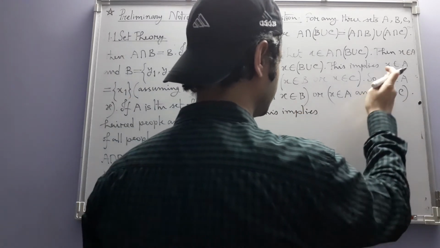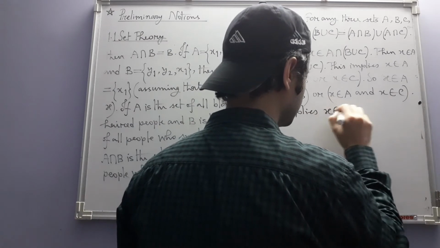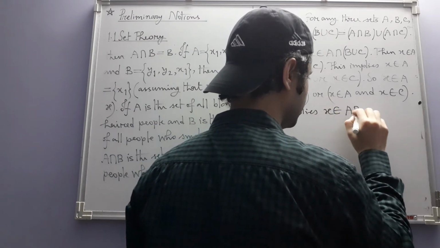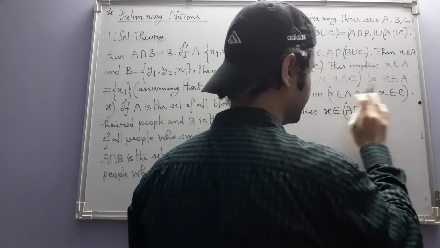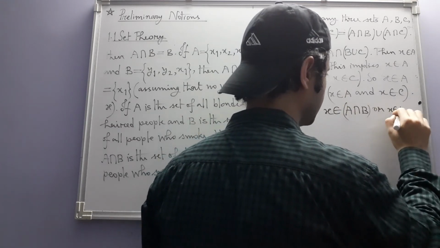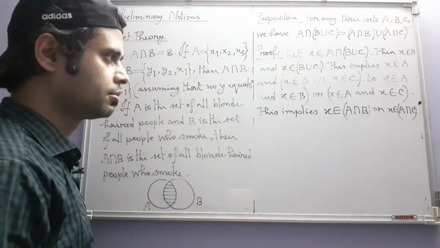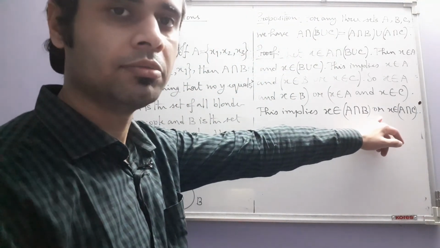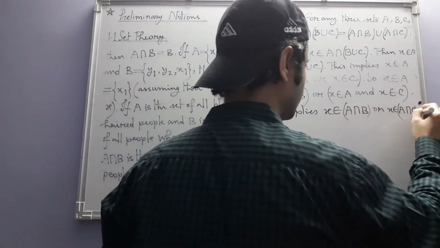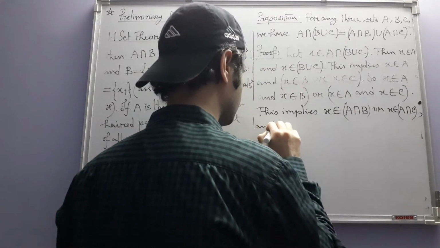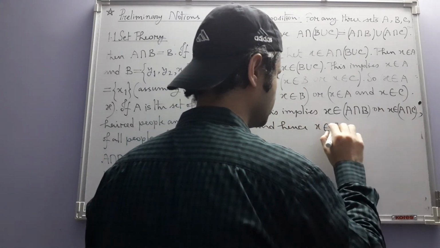This implies now X belongs to A and X belongs to B means X belongs to A intersection B, or like that, this means X belongs to A intersection C. But we have OR in between them, so X belongs to the union there.